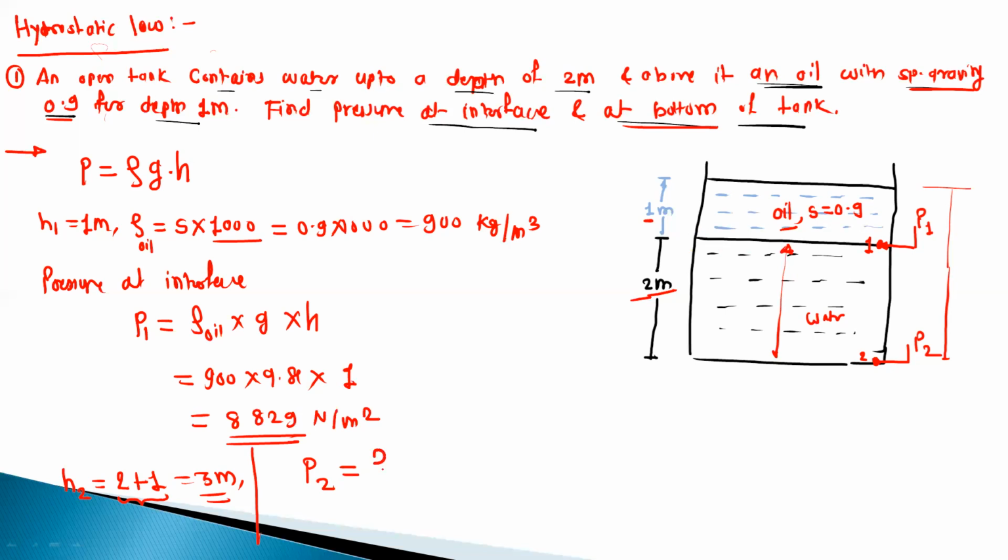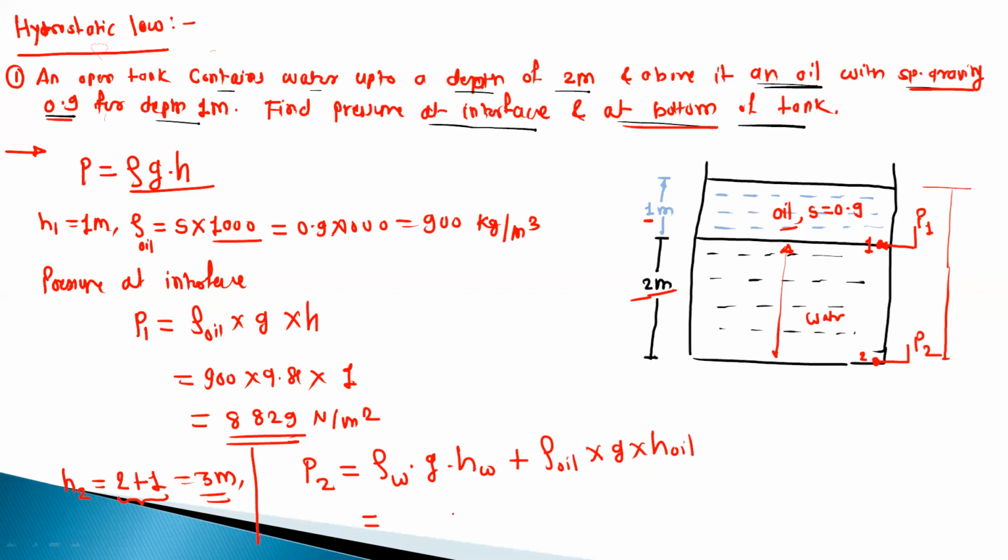So this is rho water into G into H water, that is the water height, plus above that we have the oil, so this is rho oil into G into H oil. Okay, so for the pressure 2, first we are calculating the pressure due to water, and above that we have the oil.